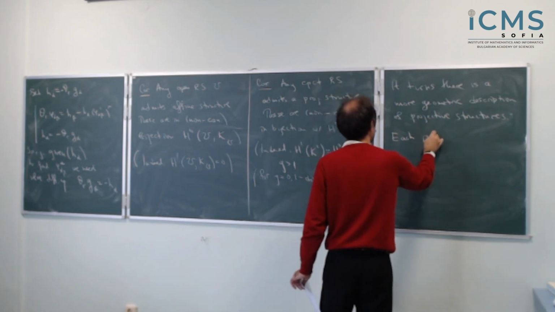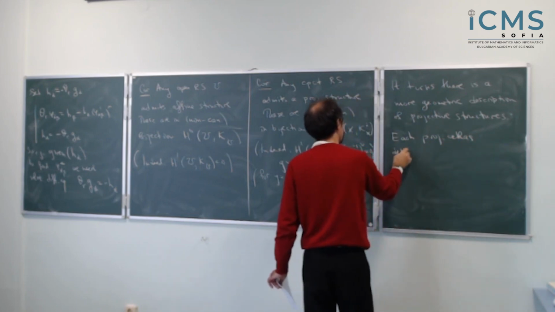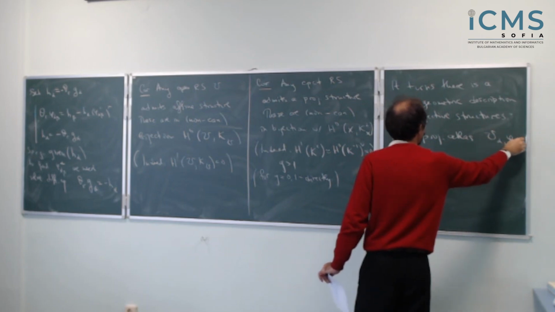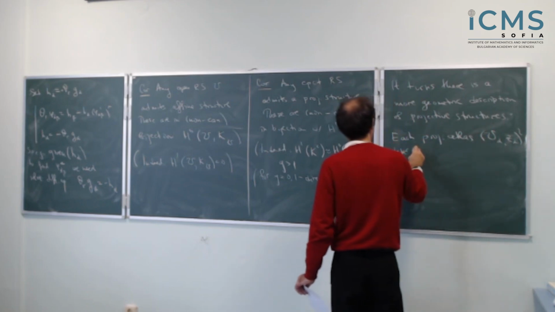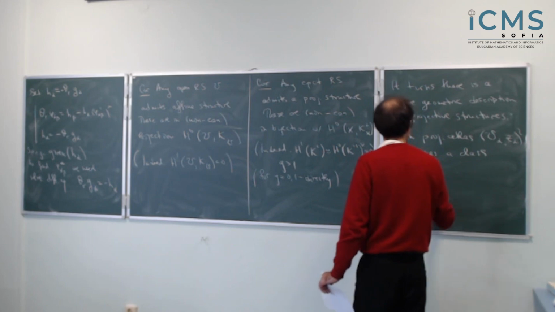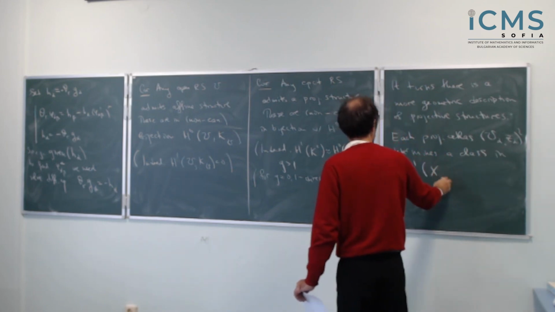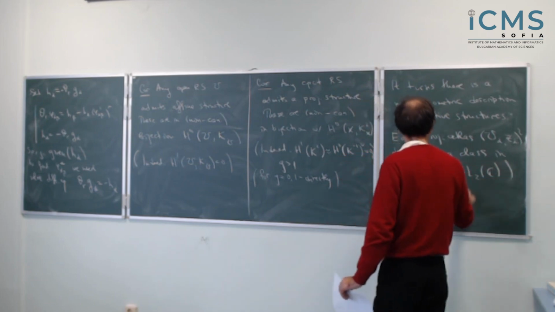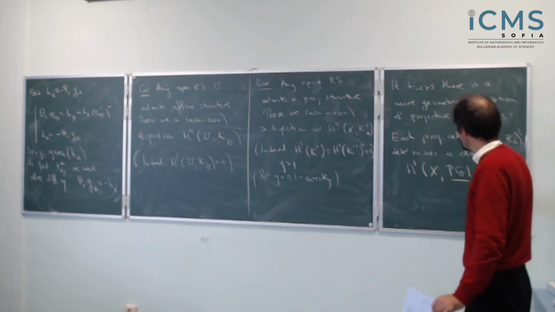So each projective atlas determines a class in H1 of X with coefficients in PGL2, but I'm thinking of this as the constant sheaf, like the cohomology of the sheaf with coefficients in a group.